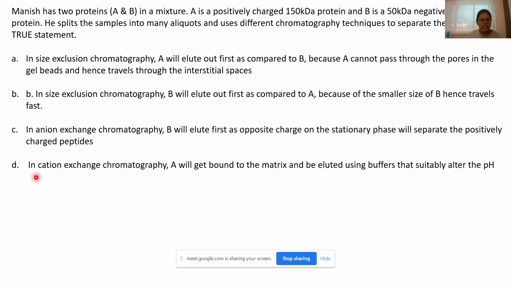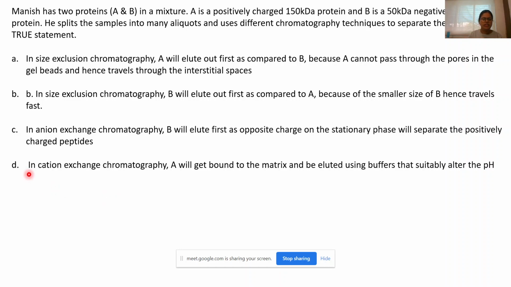And coming to option D, cation exchange chromatography. Here the principle is similar to anion exchange. In case of cation exchange chromatography, positively charged proteins or peptides are retained. Your chromatographic matrix will be negatively charged, and that is why positively charged proteins will interact with the chromatography and be retained, and that is why they will not elute early.